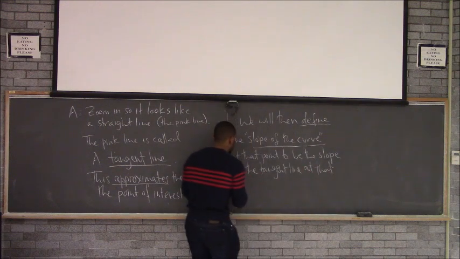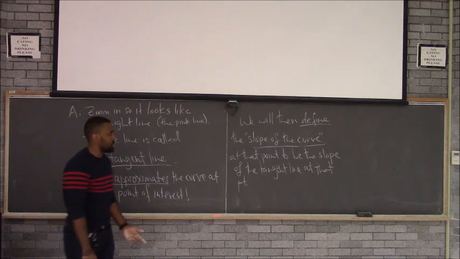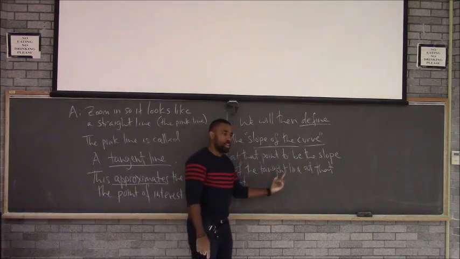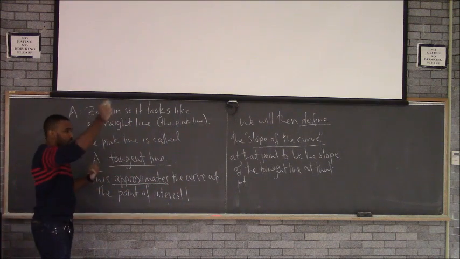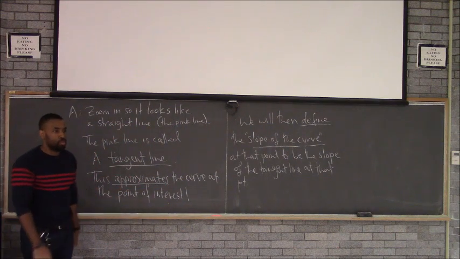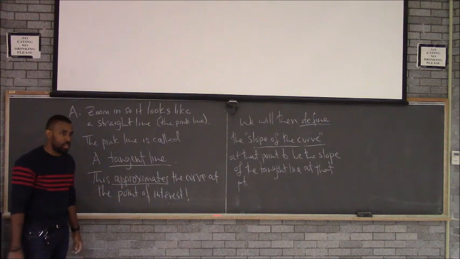At that point. So now, because we know that we can interpret slope as speed, this seems to be able to solve the problem. If I want to know how a random curve is moving, how fast it's moving at a certain point, draw a tangent line there, figure out the slope of the tangent line, that's your answer.